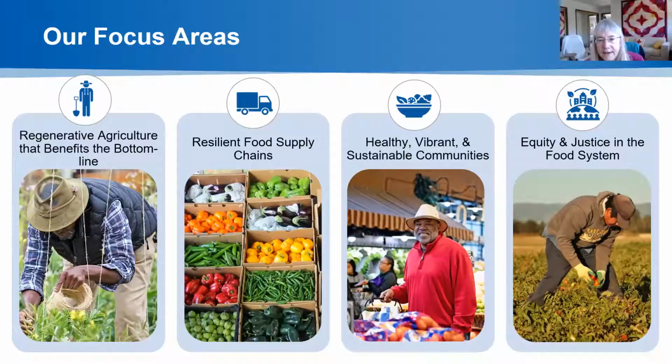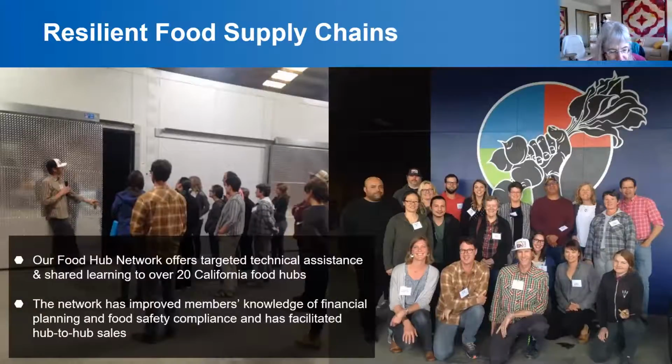Okay, next slide. In specific, one type of distribution strategy that we have found to improve resilience in the food system, and especially as the result of the pandemic, is working with regional food hubs. Food hubs are distribution enterprises that allow for aggregation of the harvest from multiple growers and bring them together before it then goes to distribution to processors, retailers, restaurants, or consumers.